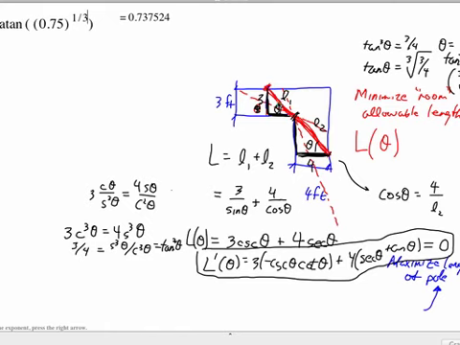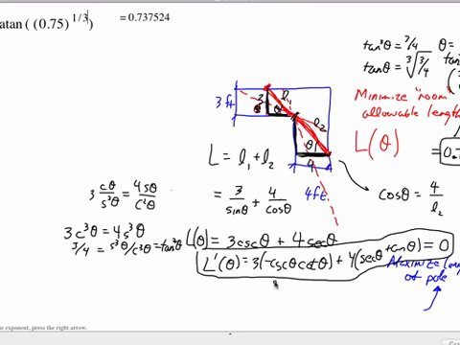So what does 0.738 mean in this context? Okay, so first of all, it's an angle measure. What angle measure is it? Well, it's the one critical point of this L of theta function. So do we know that it's a minimum?